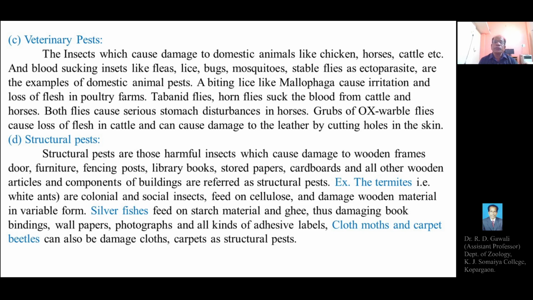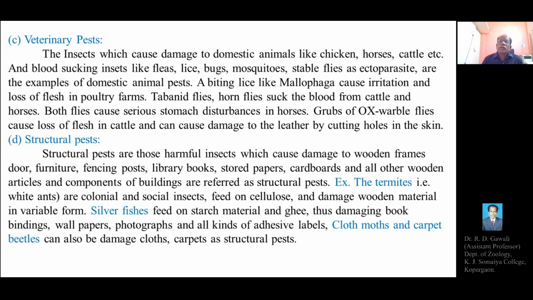So whatever the human property or possessions or different commodities present in the houses that are destroyed or damaged by different types of insect pests are called structural pests.